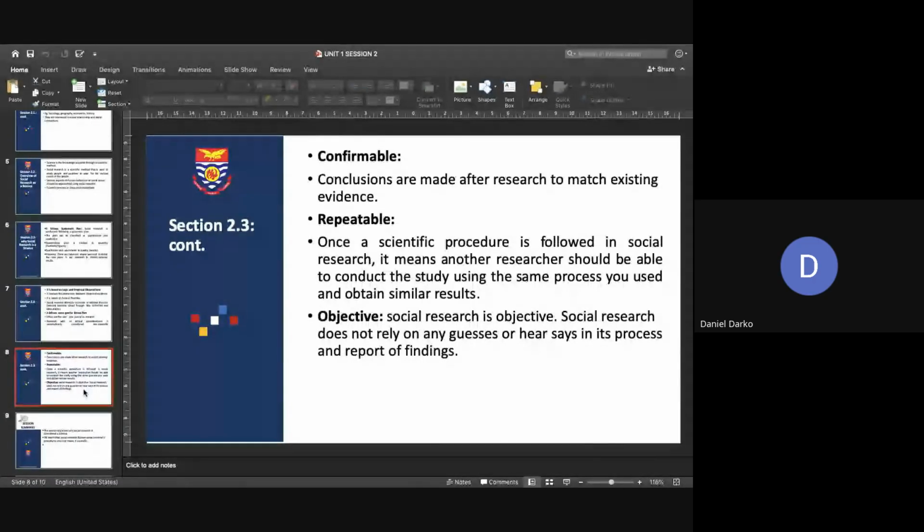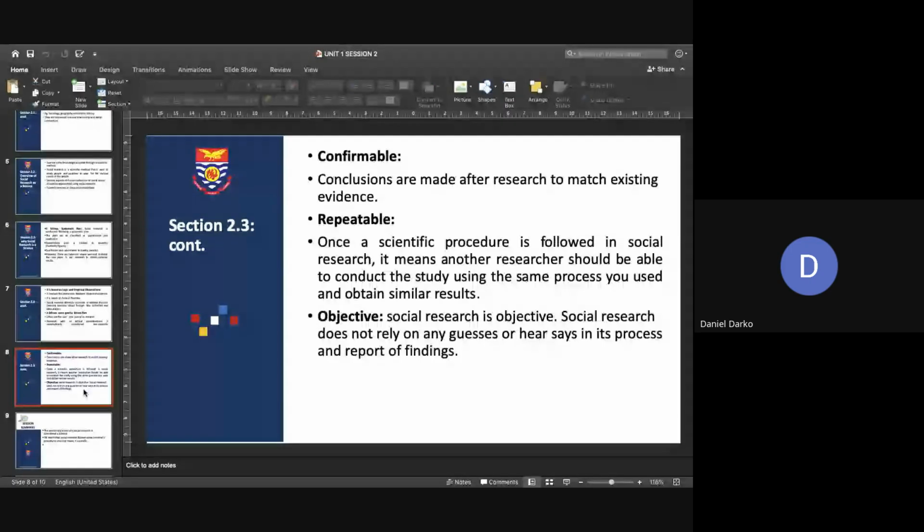Then repeatability, or repeatable. Once a scientific procedure is followed in social science, another researcher should be able to repeat the process or methods.